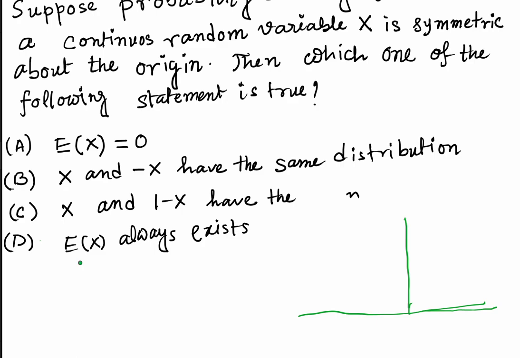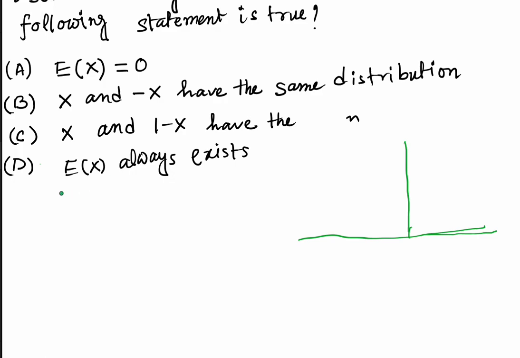One example is the Cauchy distribution. So the expectation does not always exist.